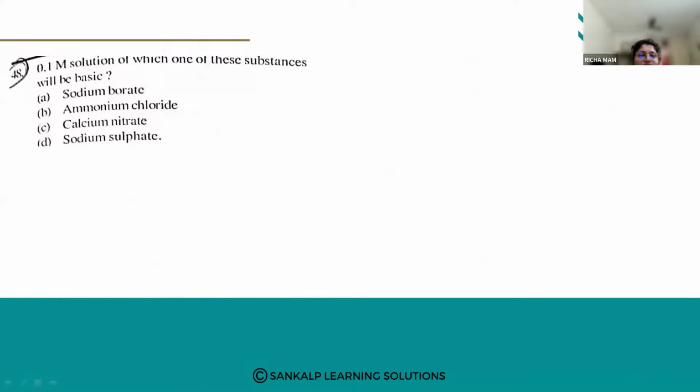0.1 molar solution of which of these substances will be basic? A. Sodium borate. B. Ammonium chloride. C. Calcium nitride. And D. Sodium sulfate. So it is sodium borate. Why? It is a salt of NaOH and boric acid.